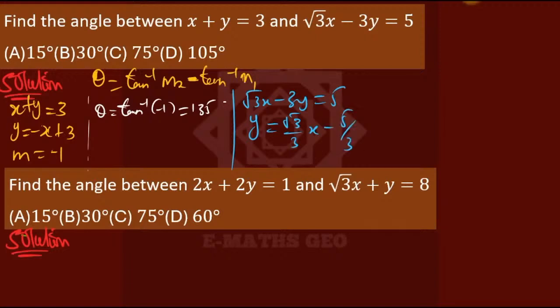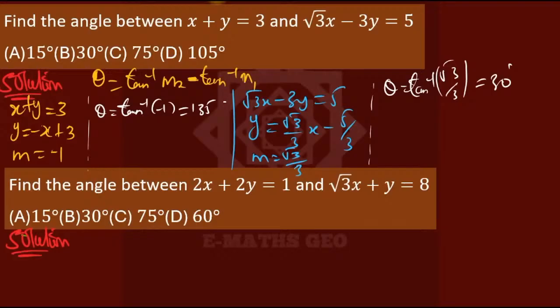You see that m here is root 3 over 3, making the angle arctan of root 3 over 3, and that is 30 degrees.